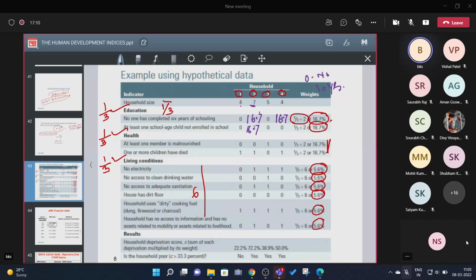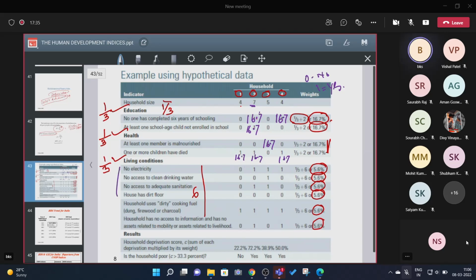In case of health indicators, you see household 3 gets 16.7 as the weight, and in case of one or more children have died, household 1 gets 16.7, household 2 gets 16.7 as weight, and this gets 16.7.